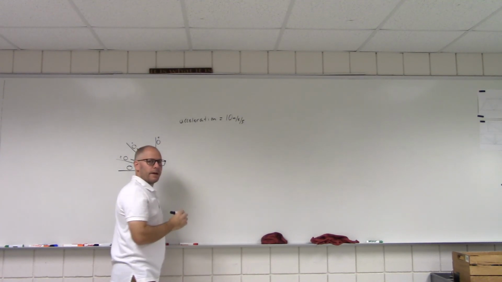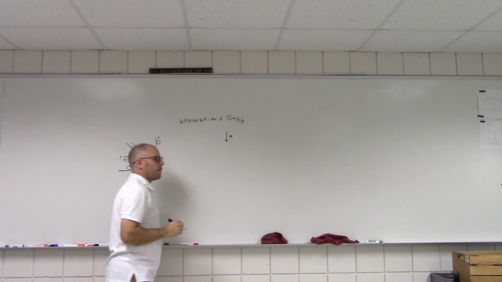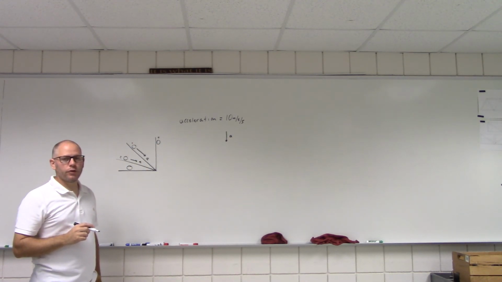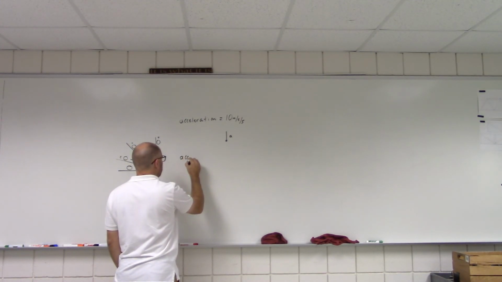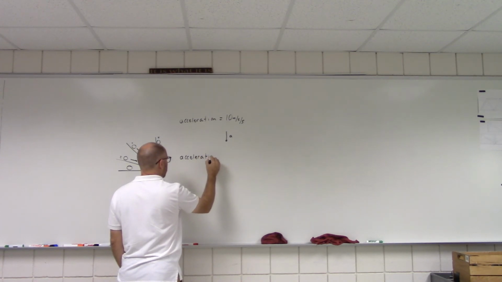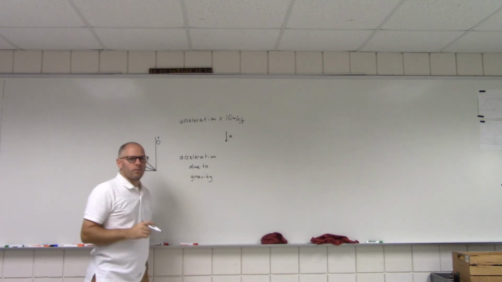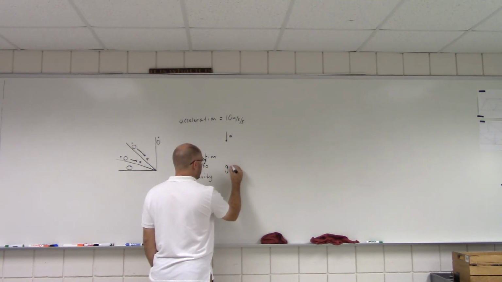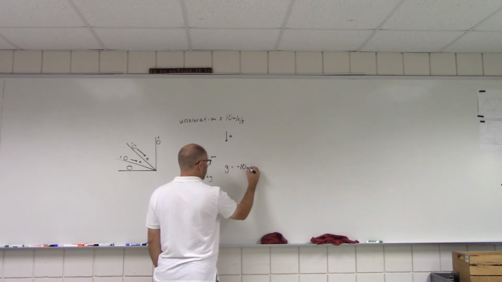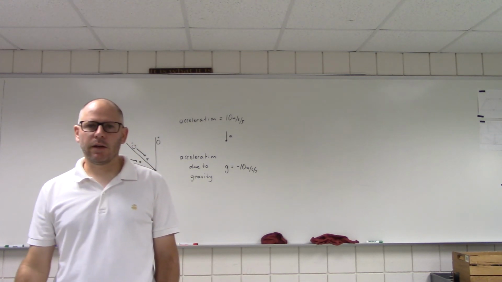Because the acceleration is in the down direction, we call this the acceleration due to gravity, or the free fall acceleration. To represent this, we use the little baby g: negative 10 meters per second per second.